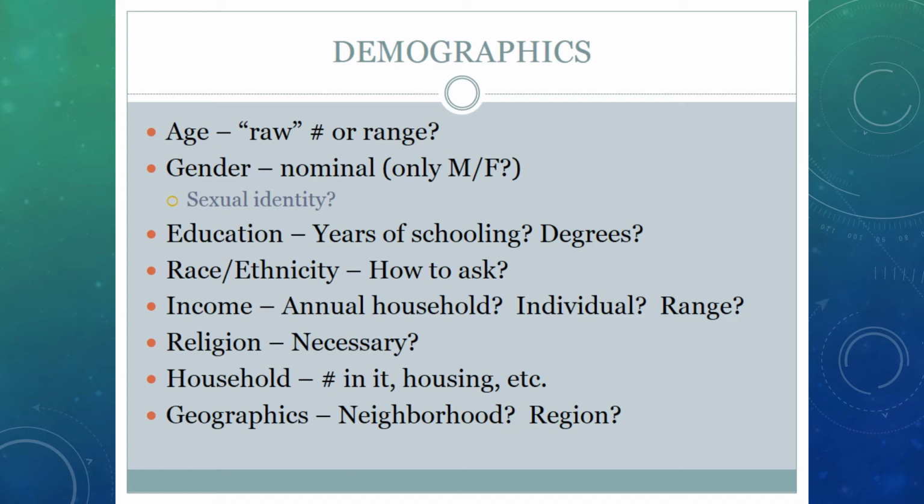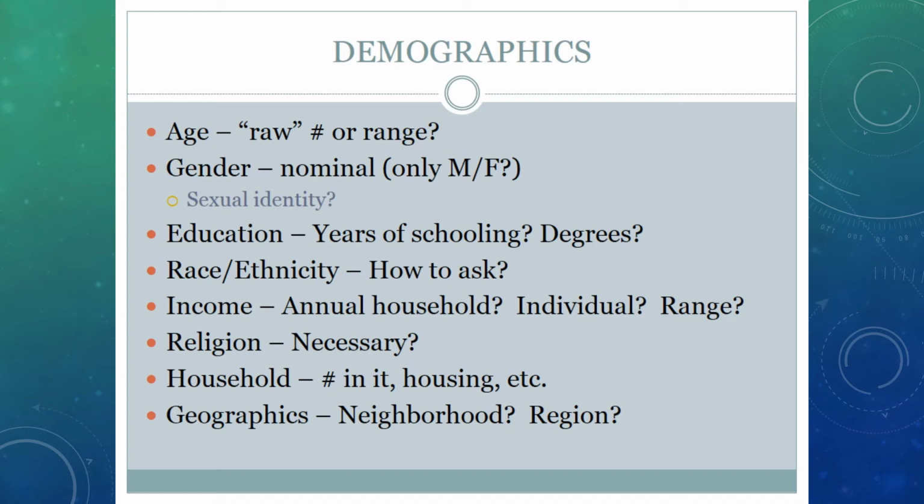Oftentimes, the income question comes up, and people are, for whatever reason, very, very sensitive to admitting their own income. What is it they make? So instead, to counteract that, researchers usually will say your gross household income in, let's say, now we'd say 2018.